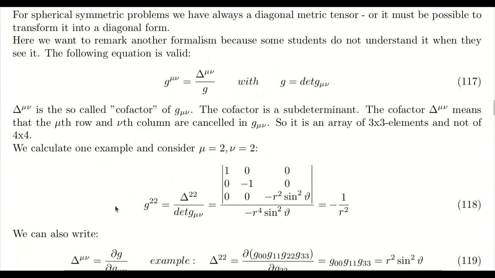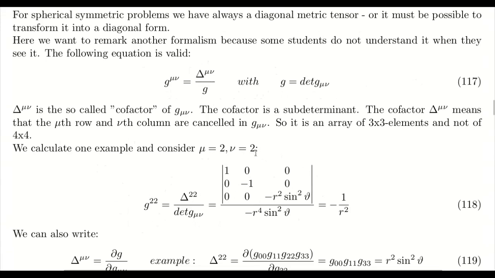And so we set in here in 117 the indices g 2 2, then delta 2 2, and the determinant of g mu nu. So the zeroth coordinate is time. The first coordinate here in spherical coordinates is r, and the second is theta. And here we had minus r squared in the metric tensor, or in the determinant if we consider it here.